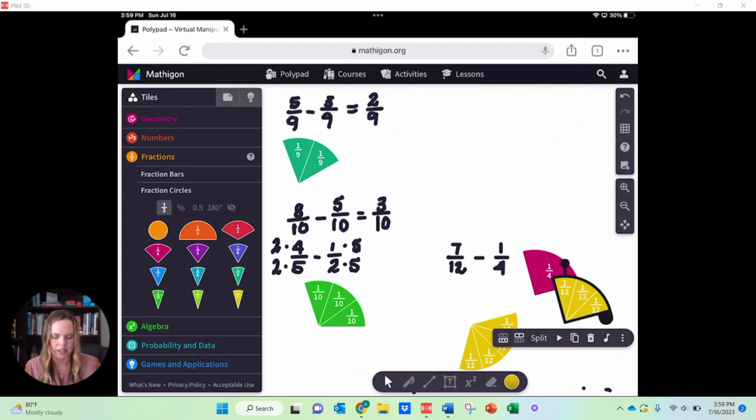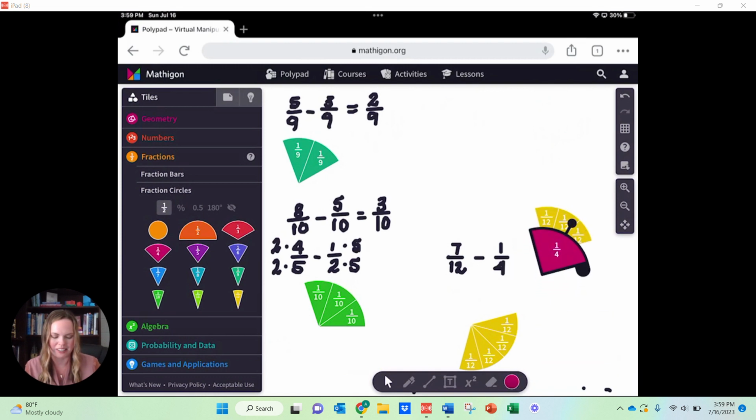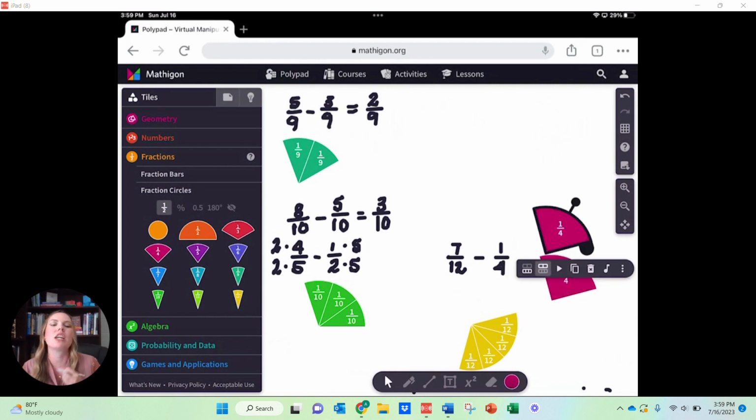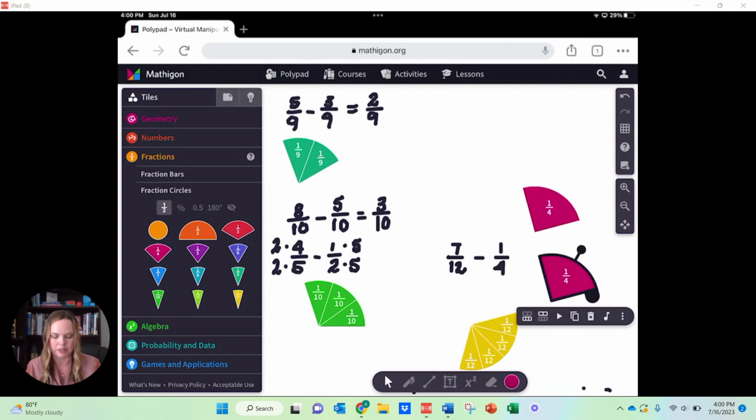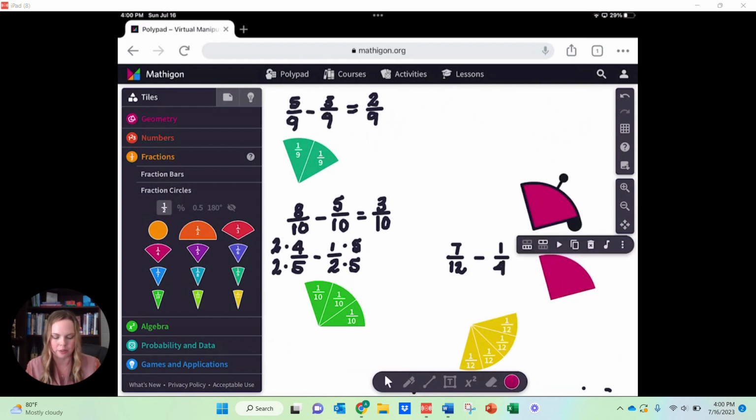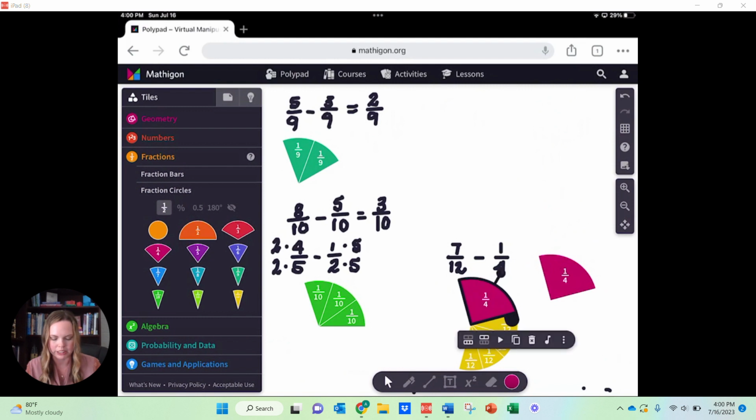Okay. And you can see there that they're equal. You can also rename that back into that 1/4. So you see that you really have removed 1/4 of that 12.